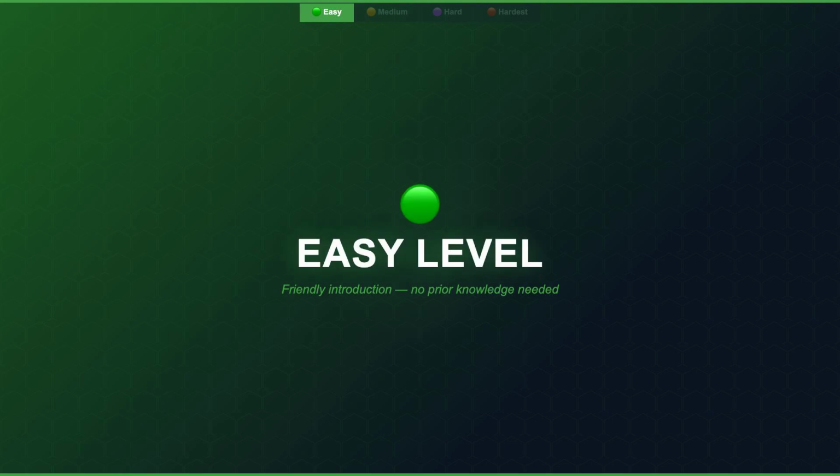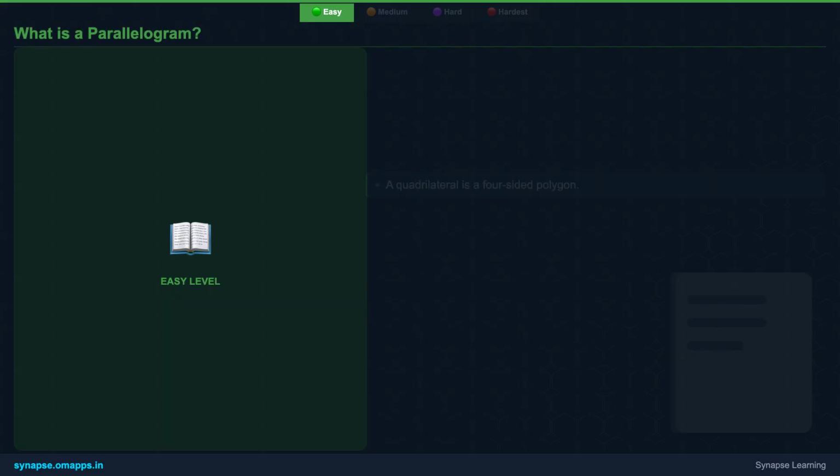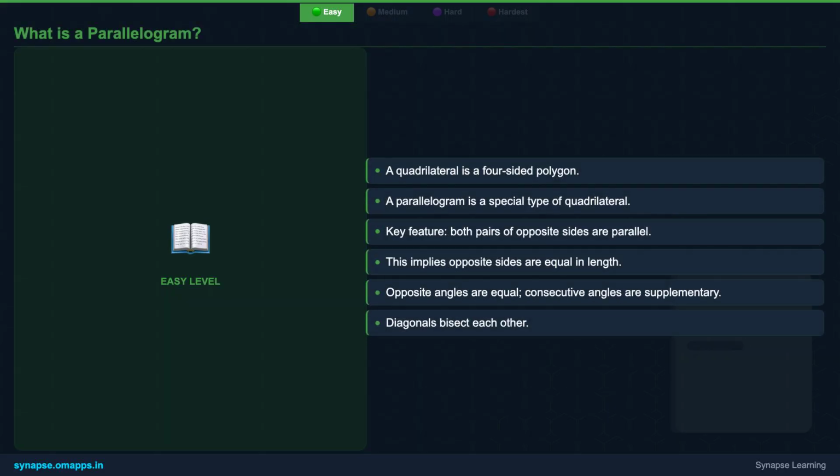Let's kick things off with the easy level. We'll start by understanding the basics of parallelograms and this special condition. First, what exactly is a parallelogram? It's a four-sided polygon, a quadrilateral, where both pairs of opposite sides are parallel.